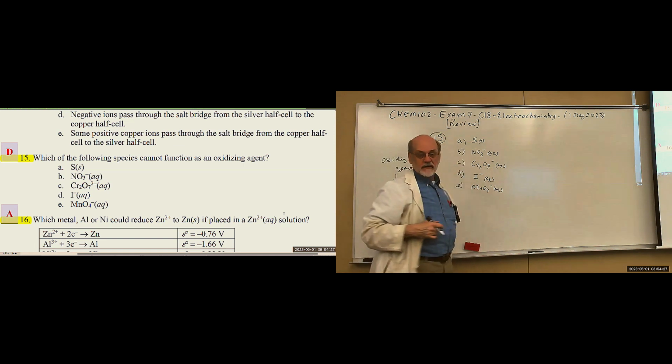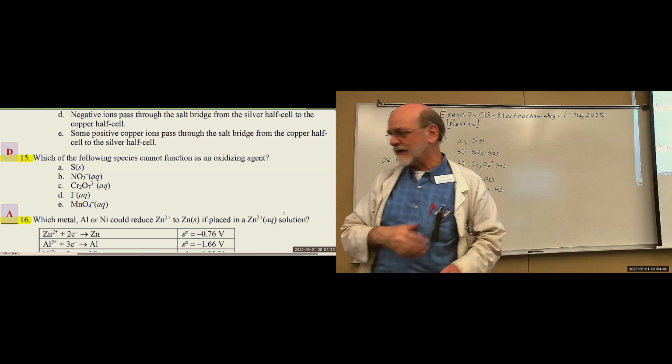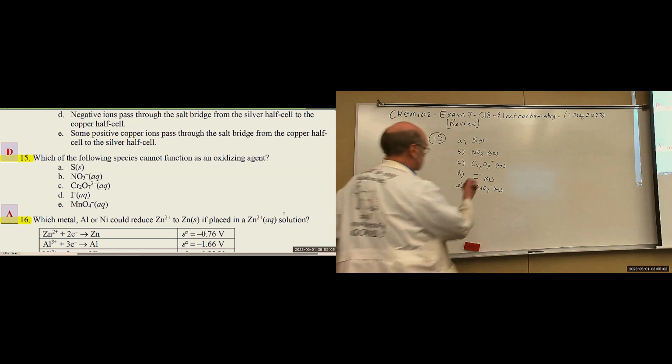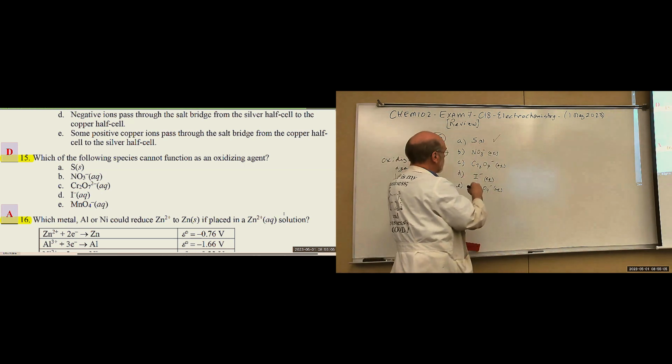This is a good place to look at your periodic table at the back of your book, because in the periodic table, you have oxidation states given in the upper right-hand corner of each of those little squares. And they tell you whether you can go more negative or more positive than your existing value. So sulfur is 0. Can sulfur be reduced? Yeah, it can go to -2, right? So it could serve as an oxidizing agent.